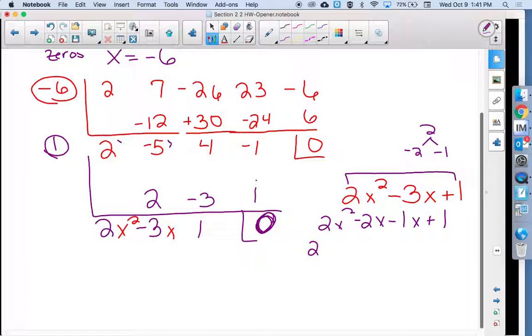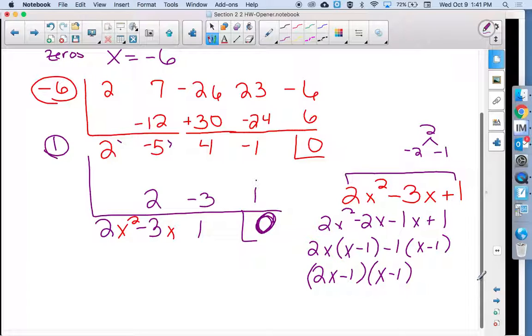Pull out what they have in common. And then I have a 2x minus 1, and then we have an x minus 1. That's done all algebraically with a tiny little help from a calculator. Just a tiny bit.